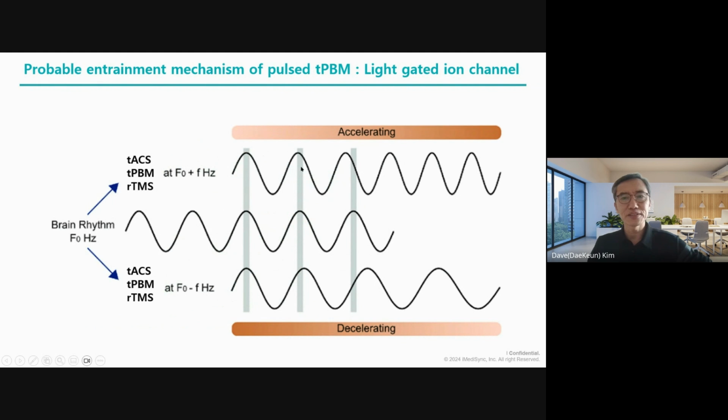And this is the basic mechanism of entrainment. If people have an F0 frequency, then we want to accelerate, and we can use an increased frequency to make accelerating. Sometimes we can decelerate like this. That's the entrainment or synchronization of external stimuli, or sometimes we can call this tuning the EEG rhythm.